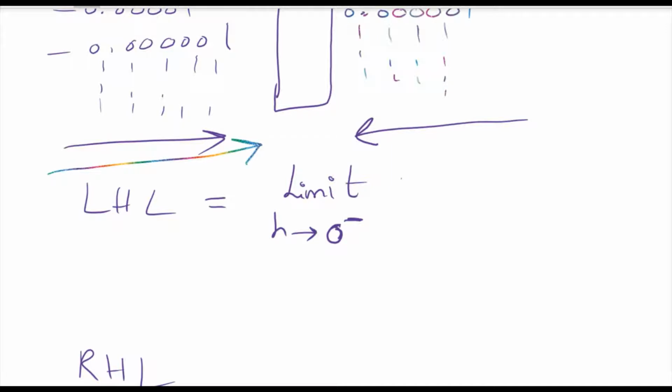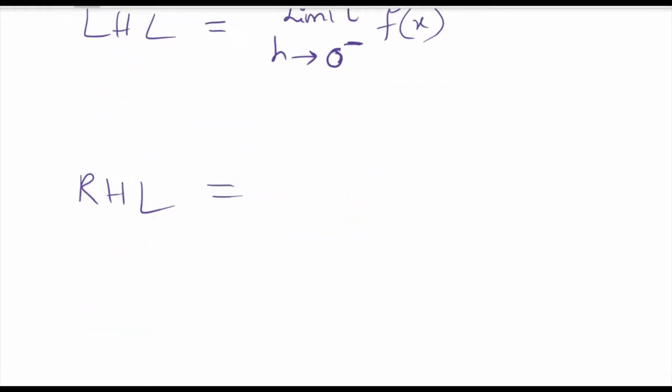Limit h tends to 0 of f of x plus h, or I can directly write limit h tends to 0 minus f of x, where f of x is a function. And right hand limit equals limit h tends to 0 plus f of x. The meaning of 0 plus is that I'm approaching the limit from the right hand side.